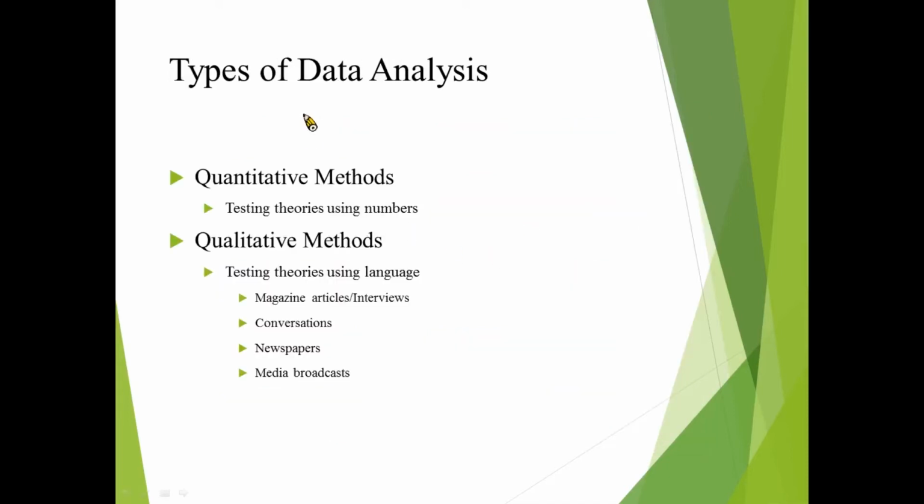Okay, so in the following class we will cover the types of data analysis. The quantitative method's purpose is to test the theory, and maybe the numbers come from a questionnaire.